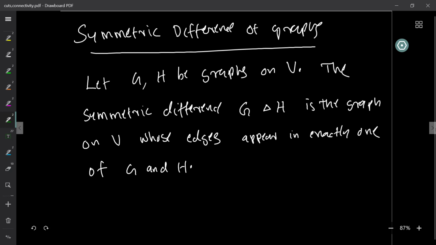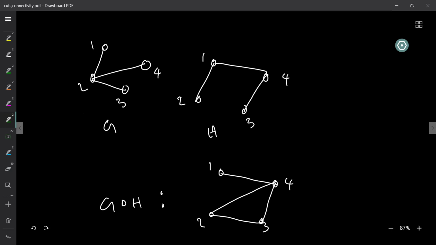So if you have this graph as G and this as H, what I am going to do is look at the edges in the symmetric difference of G and H. Edge 1, 2 appears here as well as here, so I cannot put that here. For 1, 4, there is no edge here, but there is an edge here, so 1, 4 will appear.